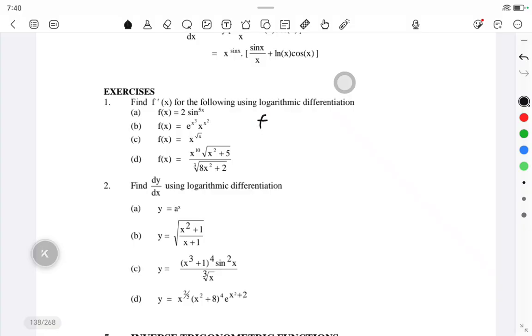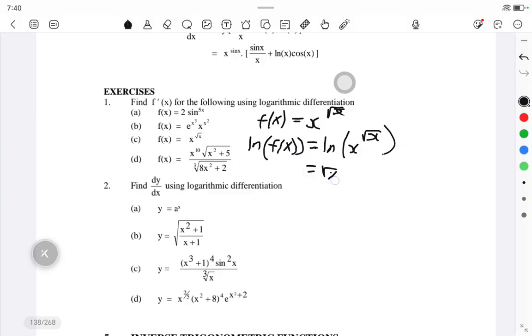If we have f of x equals x to the root of x, they want us to use logarithmic differentiation. What we're going to do is introduce ln both sides. This will be ln of x to the root of x. Then I drop this.